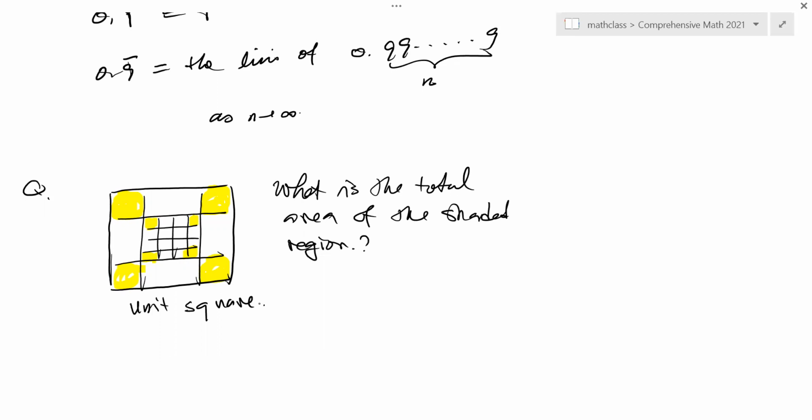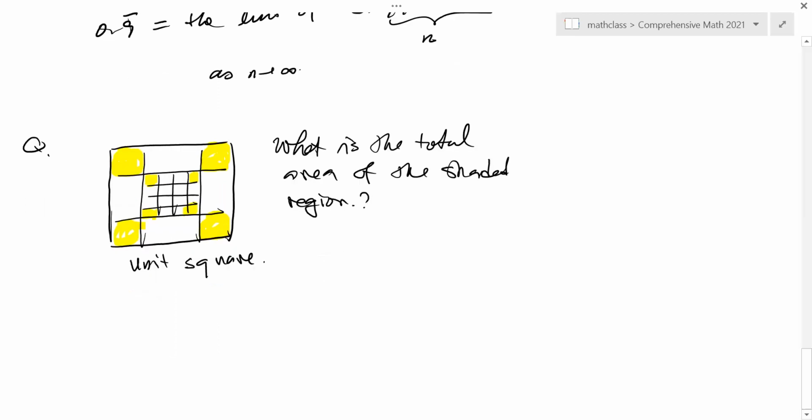Now, to solve the problem, we need to denote the area.